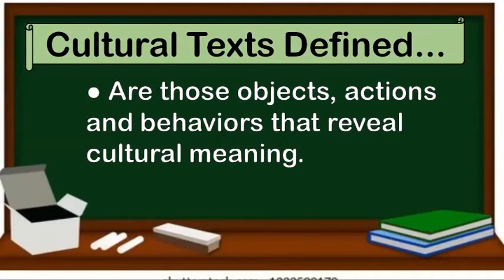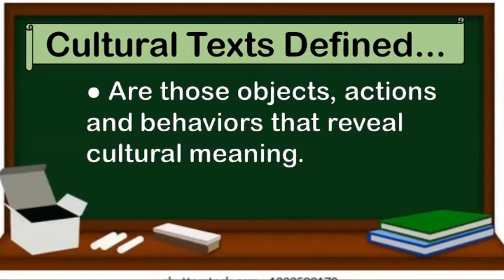So cultural texts are those objects, actions, and behaviors that reveal cultural meaning. One good example for this is some objects that define who we are as Filipinos. First off, we have different sets of bolo.